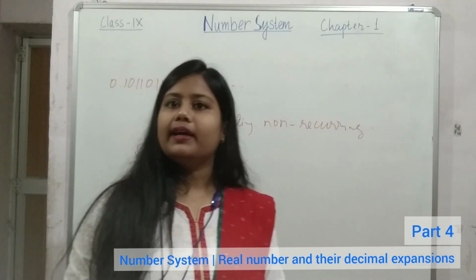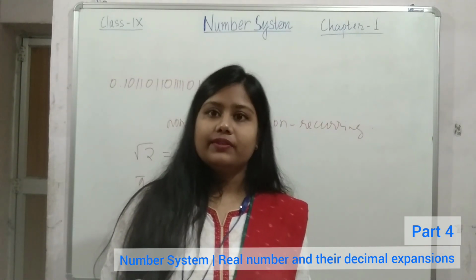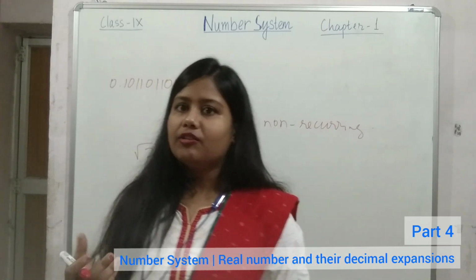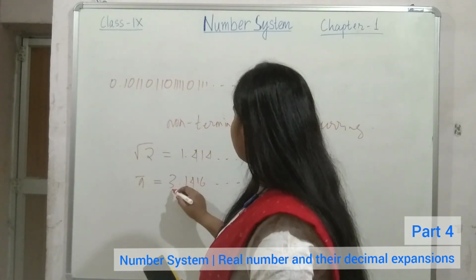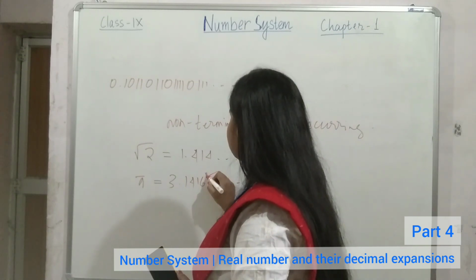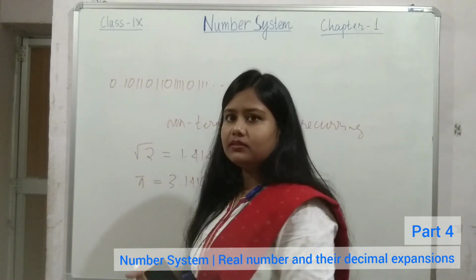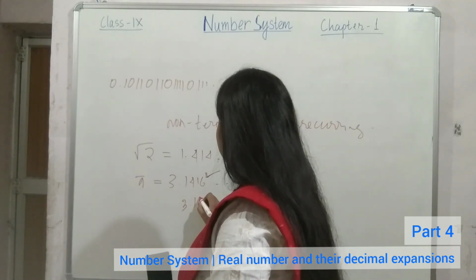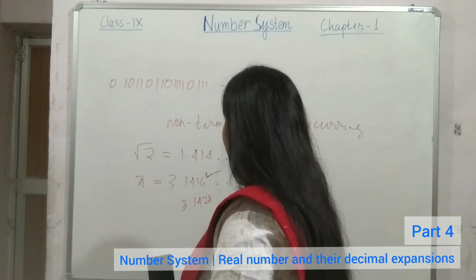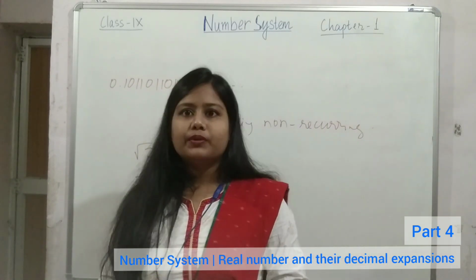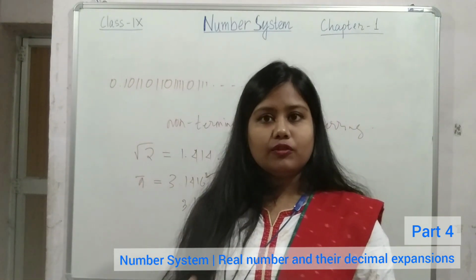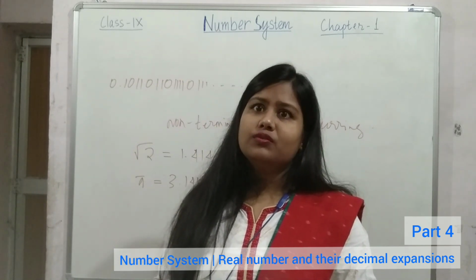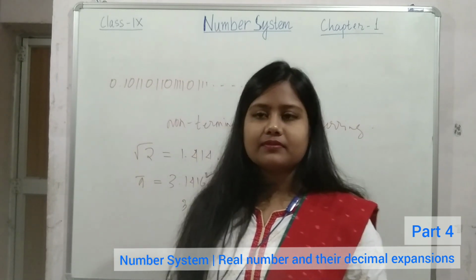The value of pi has been derived several times. The Greek mathematician Archimedes found it to be 3.1416, and some other mathematicians found it to be 3.1428. Through computer algorithms, the value of pi has been found up to around 1 lakh places.